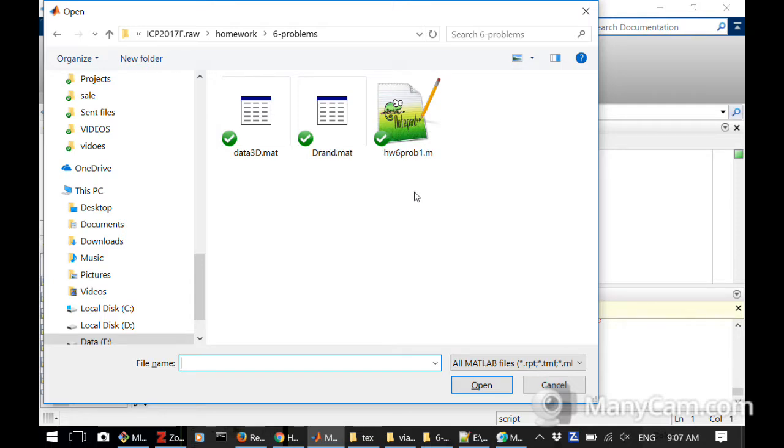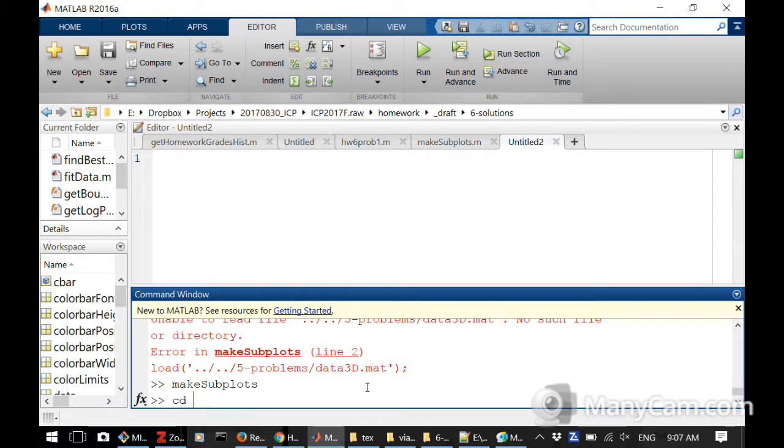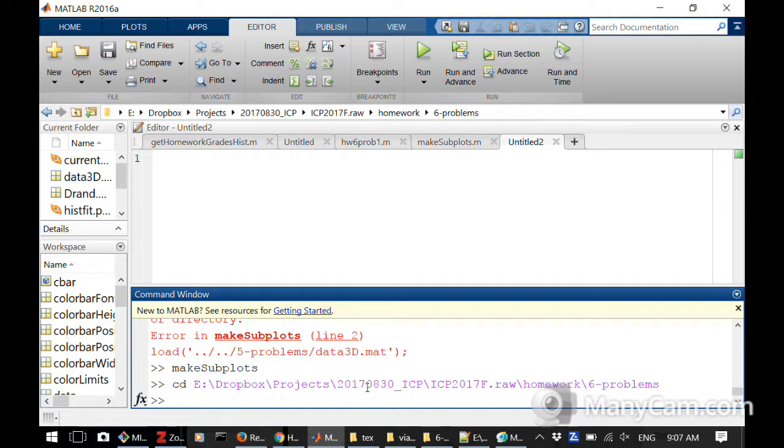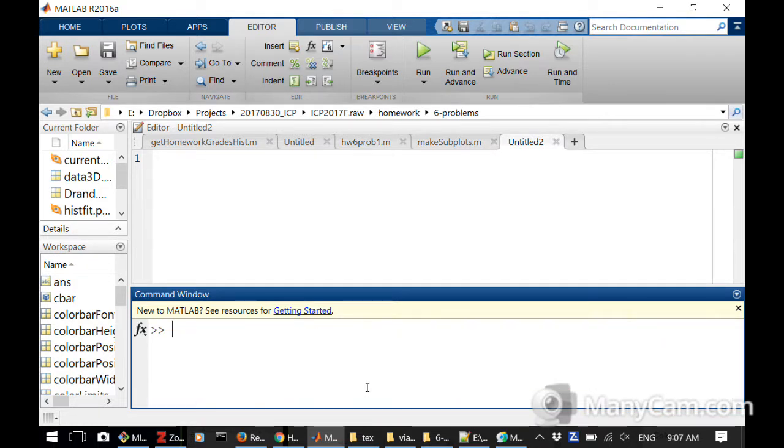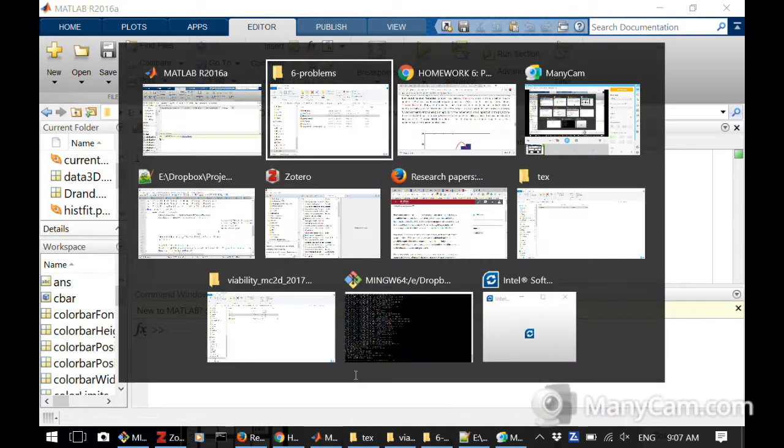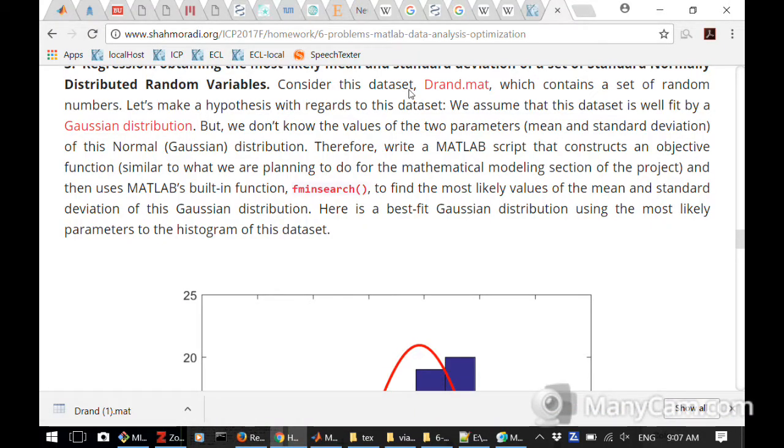Now I want to load this data set and have a look at the content of it, drand.mat. So you can also do the same thing. Download this data set from the web and put it in the MATLAB working directory.